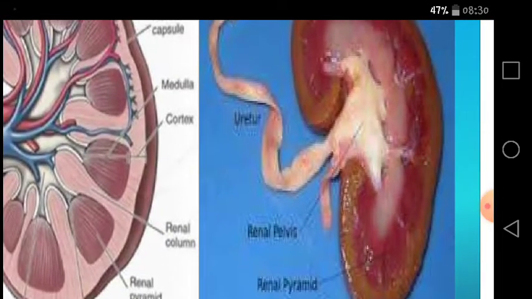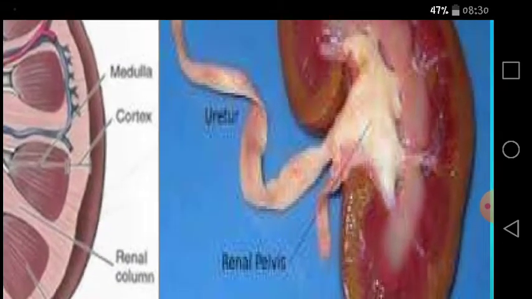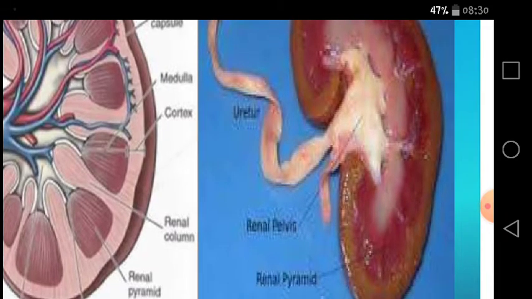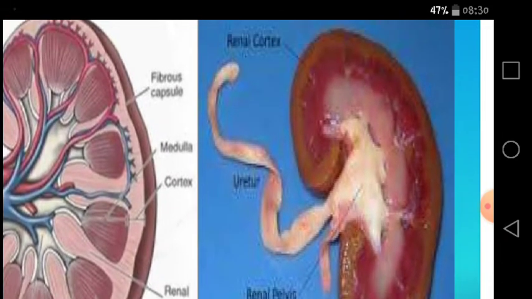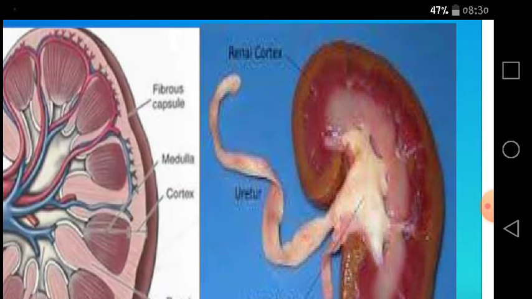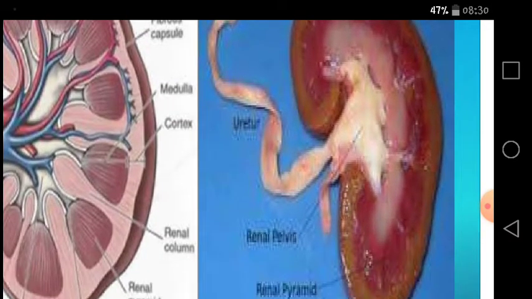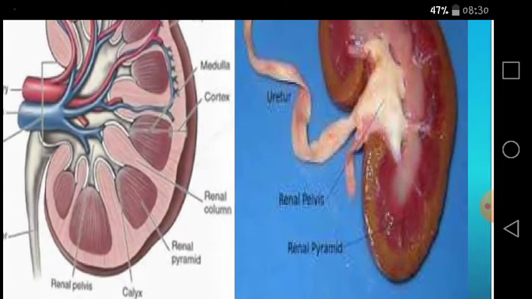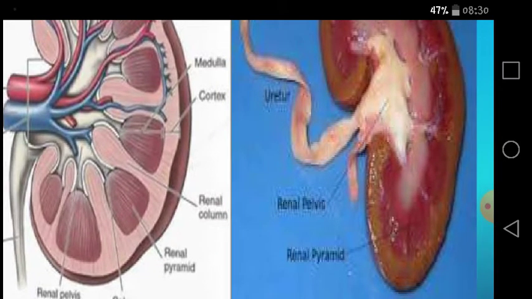And dear students, this is the kidney of sheep, the dissected longitudinal part of the sheep's kidney. You can see the renal cortex, ureter, renal pelvis, and renal pyramid. For this purpose we need the hand lens to observe the different parts of the sheep's kidney.